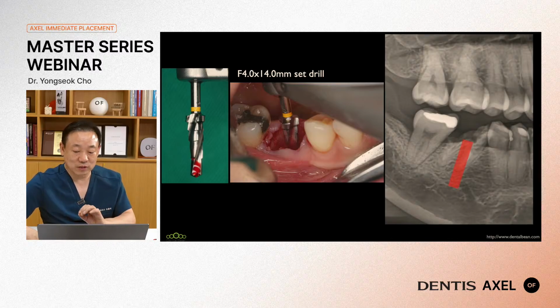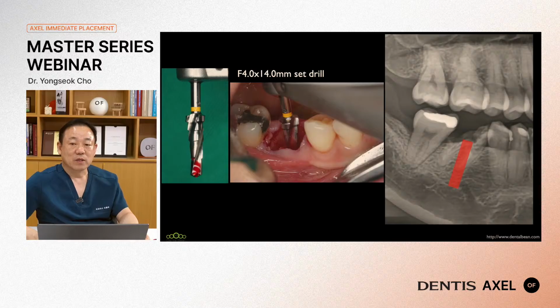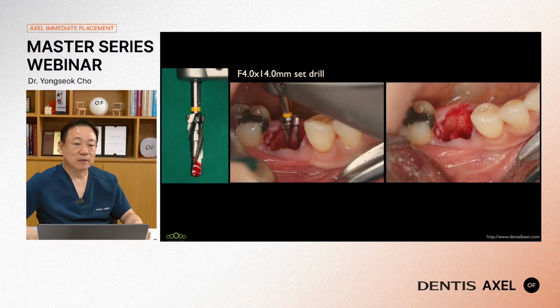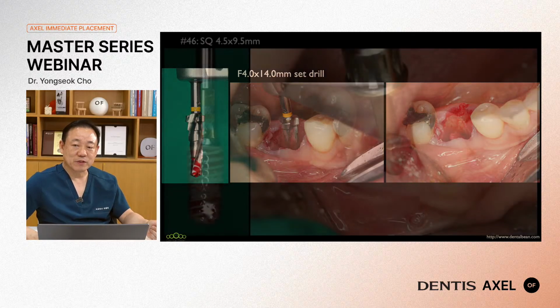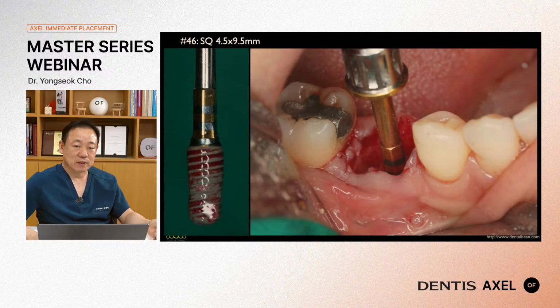It is an endodontically treated tooth, so without extracting the root, I advanced the drill between the roots. Okay, sorry, maybe I extracted first and then prepped the osteotomy at the center.